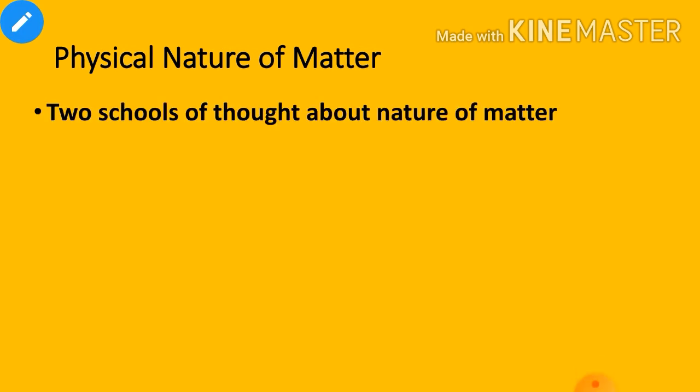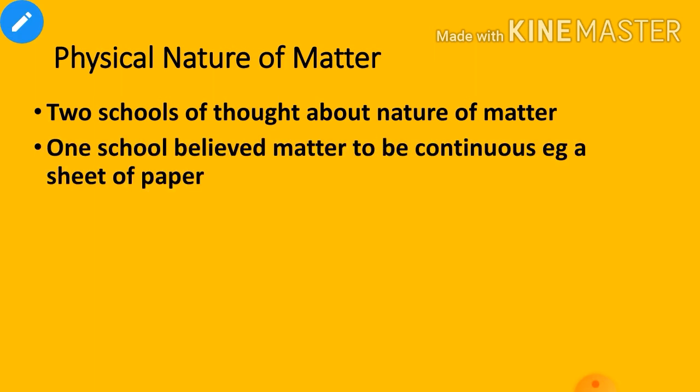In the past, there were two schools of thought, or opinions, about the nature of matter. One opinion was that matter is continuous, like a sheet of paper or a wooden block.